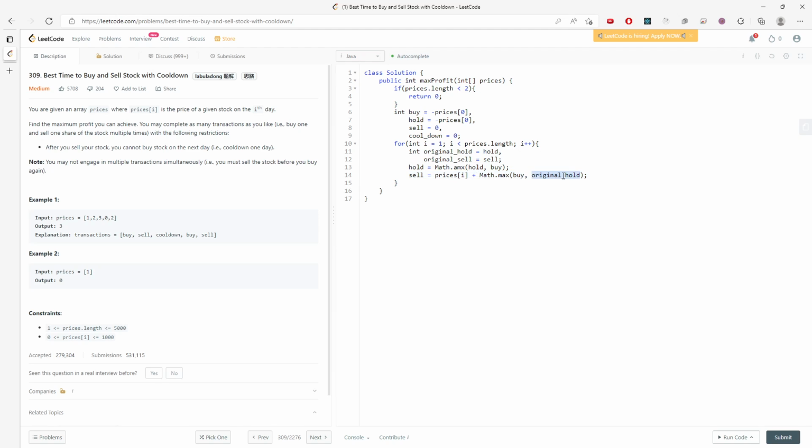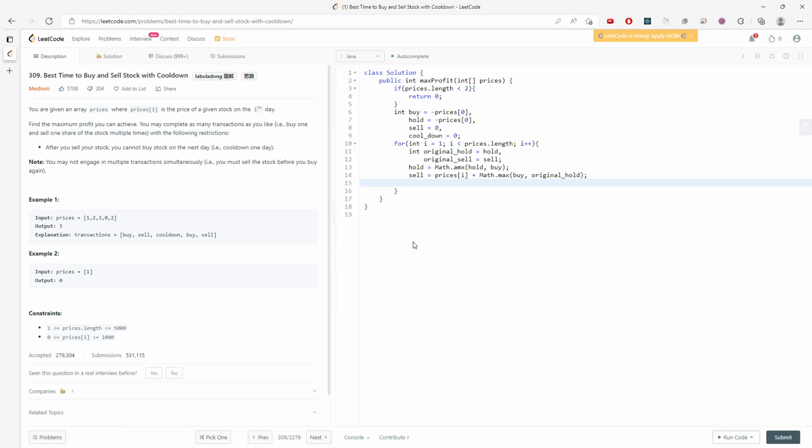Or you can use the holding value: you buy on this day, and then you hold and hold and hold, and you want to sell at this day. This is the logic why you're using the original hold. So buy and then sell. So this is pretty much it.